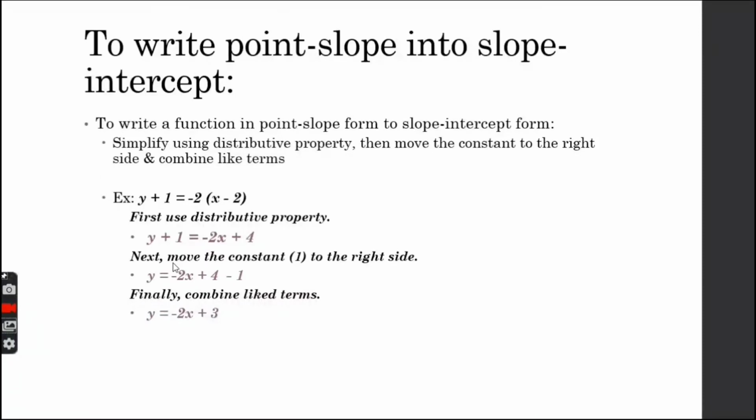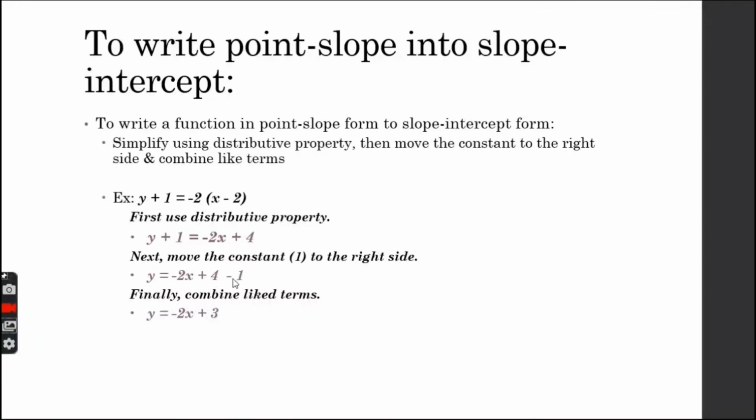Next, I need to move the constant, which is the number that's with the y variable, to the right side. So again, I have a positive 1 here. So I need to move that positive 1 to the right side. So positive 1 becomes its opposite if it's moved to the other side of the equal sign. So it becomes a negative 1. That's how you get minus 1 right here.